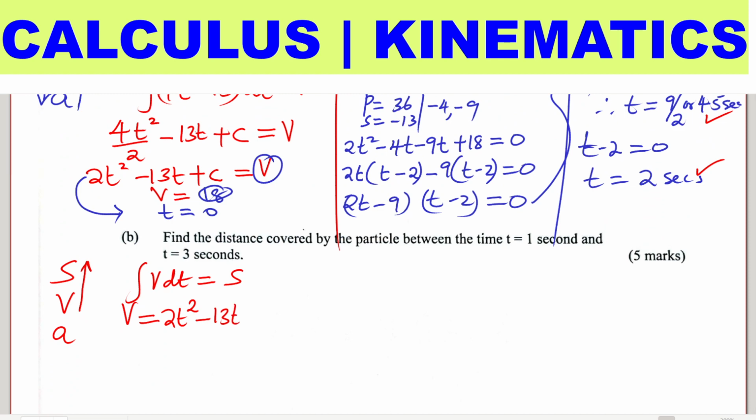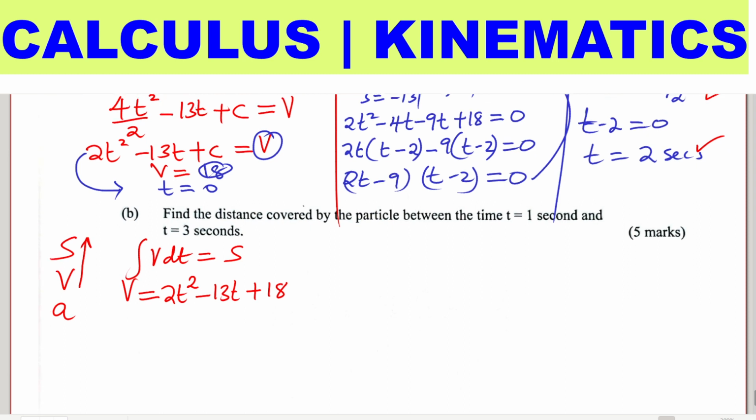Because you're going to integrate velocity to get distance, and it is between 1 and 3, I will discourage you from directly taking it like this. You integrate from 1 to 3, and this is 2t squared minus 13t plus 18.